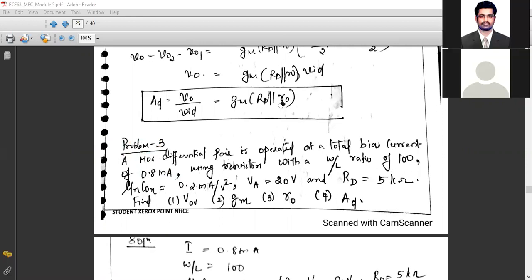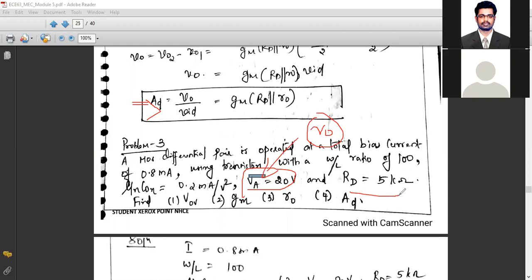See, if they have given the early voltage, it is understood that you need to take the effect of small r0. Please write that note. Whenever VA is given in the question, it is understood that you need to take r0 into our equation while computing the gain. Otherwise, you could have gone with the simple equation gm into RD. But since the early voltage is given, you need to take the expression gm into RD parallel r0.